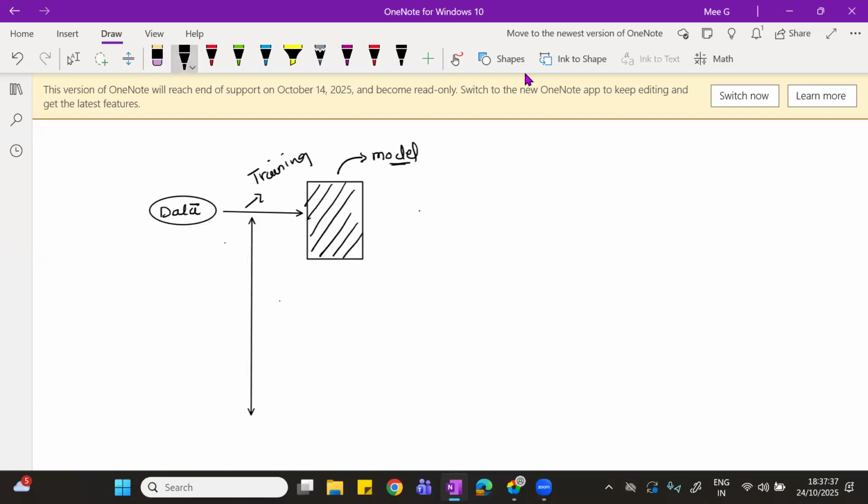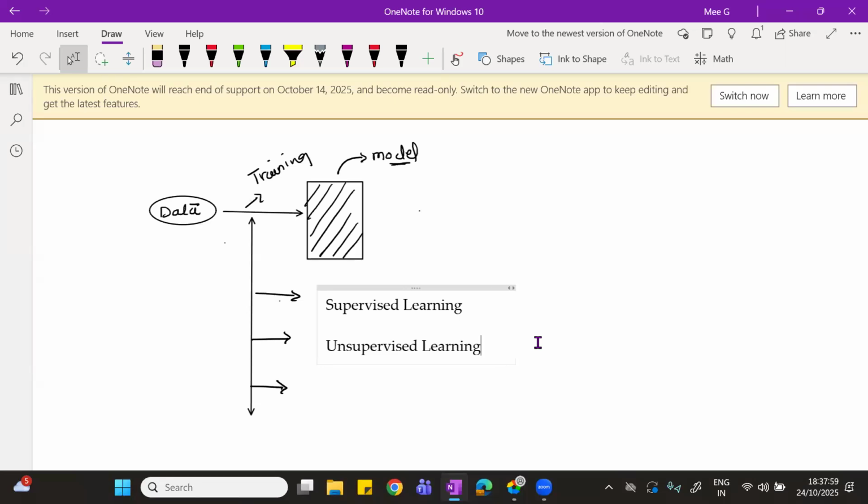First one, they call supervised learning. Second one, unsupervised learning. Third one, reinforcement learning. I will put it on over here: supervised learning, unsupervised learning, and reinforcement learning.